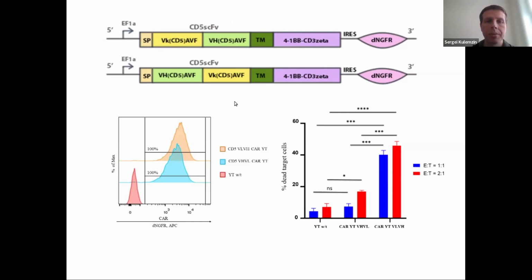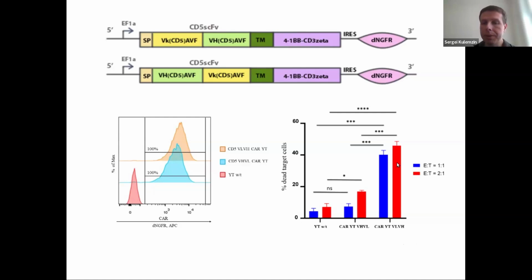We employed a murine scFv that we developed previously by our team for this purpose. We were making this chimeric antigen receptor in collaboration with Professor Filatov, who established a murine hybridoma specific for CD5. Then we checked the efficacy of this chimeric antigen receptor on the model NK line YT.